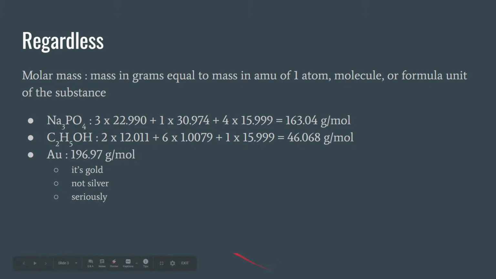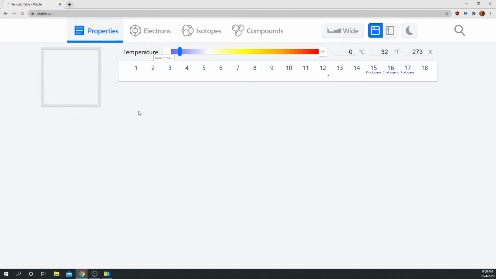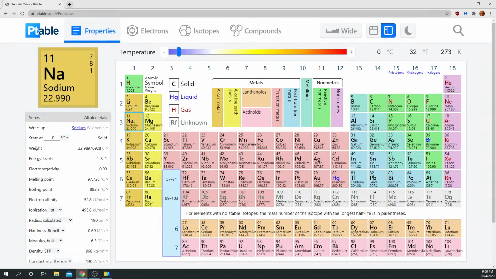So, first up we have sodium phosphate, Na3PO4. Let me hop over to the periodic table. And here's sodium, with an atomic mass of 22.99.